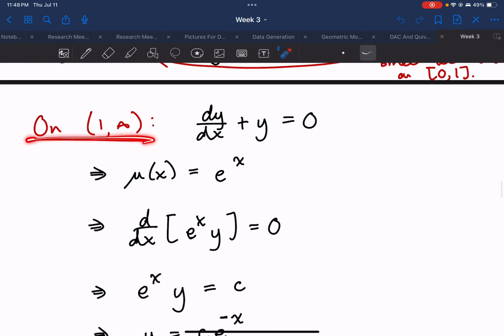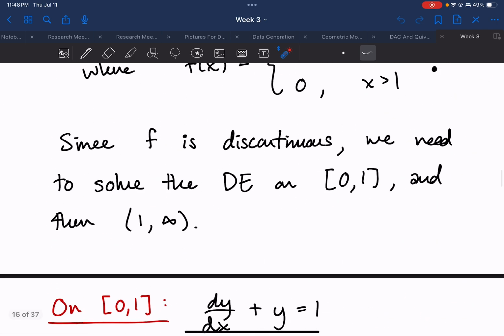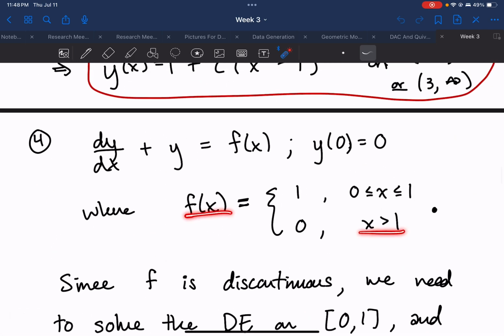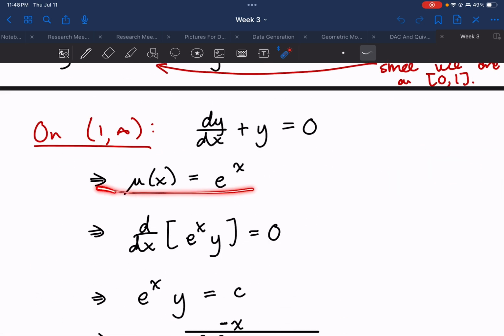On the other interval, I get dy/dx plus y equals 0, because on this interval f is 0. Again, same integrating factor. It's the integral of 1, which is x, and I raise e to that power, so it's e to the x. The left-hand side becomes a product.